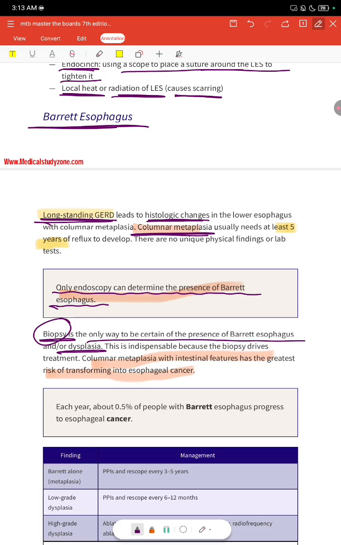Columnar metaplasia with intestinal features has the greatest risk of transforming into esophageal cancer.